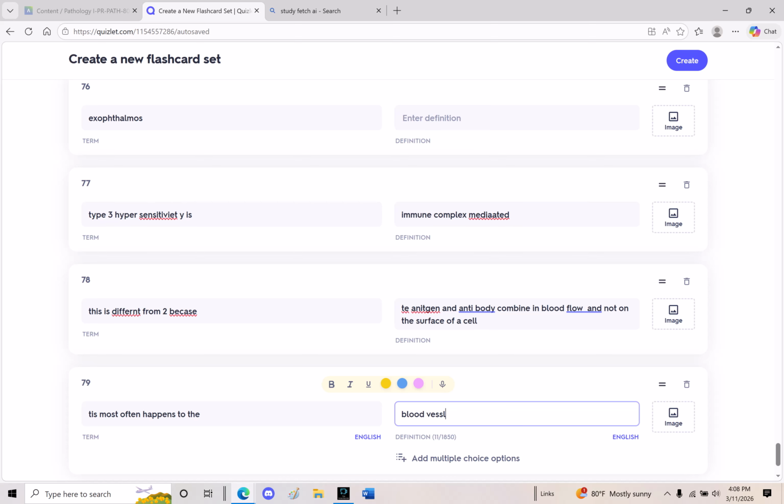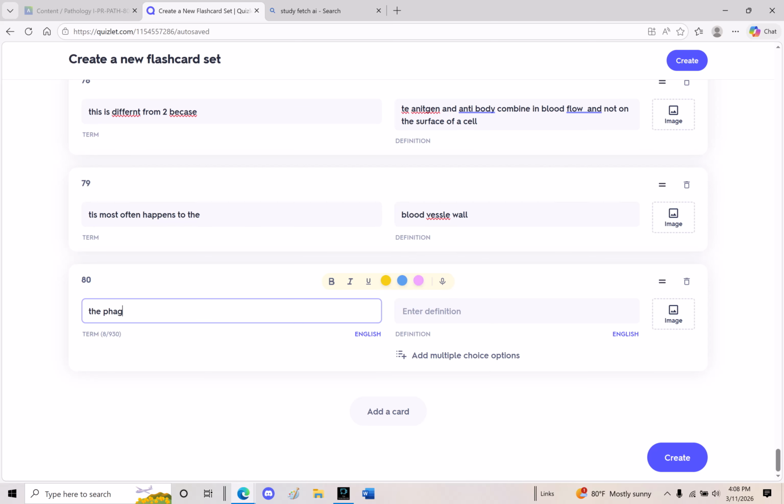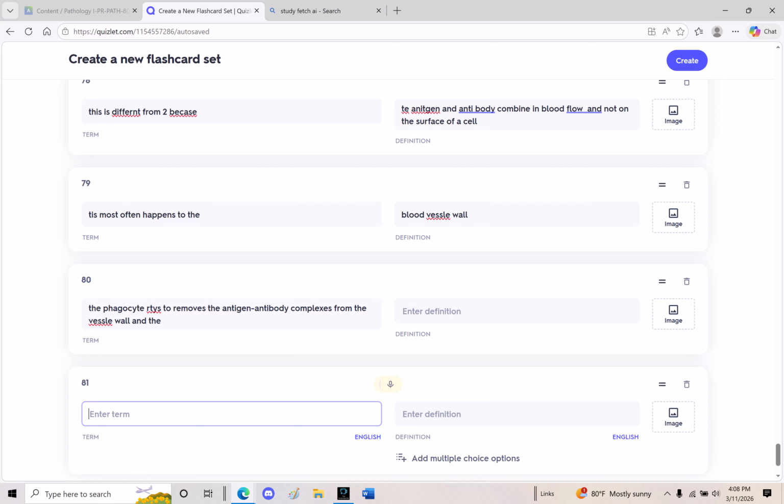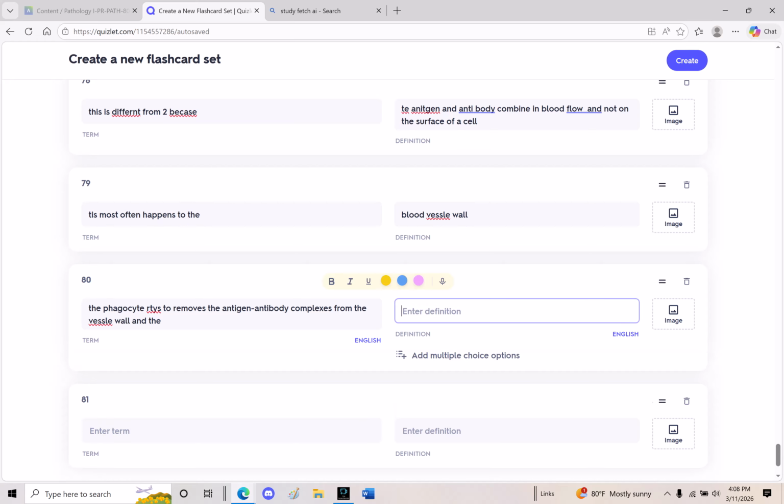A phagocyte finds these antibody-antigen complexes embedded in the vascular wall and tries to remove them. But it realizes it can't eat the vessel wall, because the complex is attached to it, so it cannot get around it. This leads to frustrated phagocytosis again.